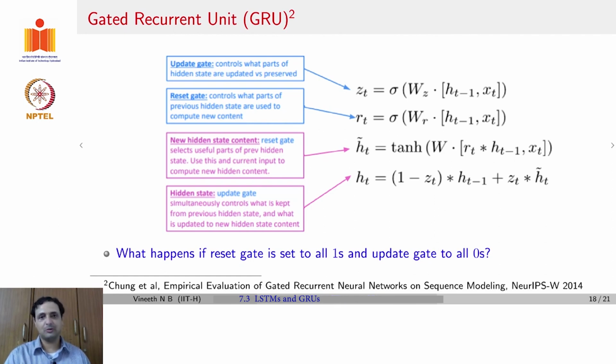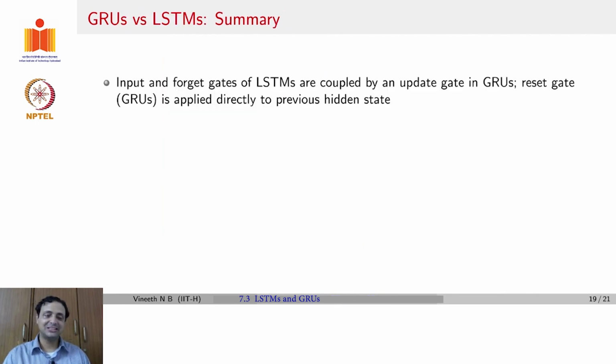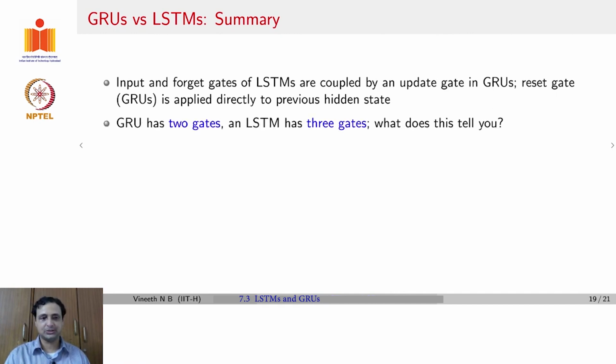To summarize the differences between GRUs and LSTMs, the input and forget gates of LSTMs are combined by an update gate in GRUs, and the reset gate is applied directly to the previous hidden state in GRUs. So GRUs have 2 gates and LSTM has 3 gates. What does this tell us?